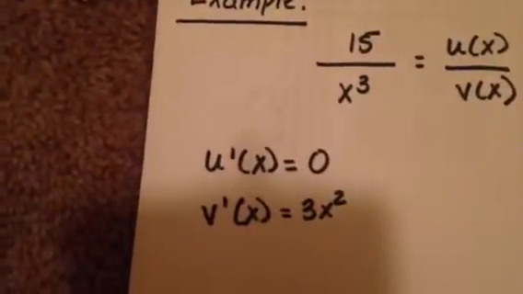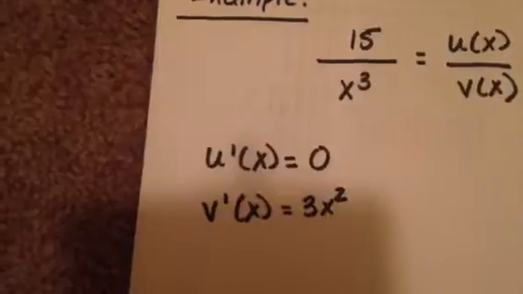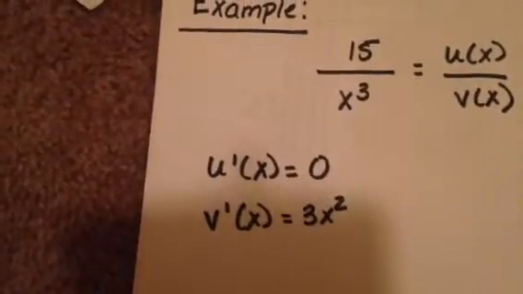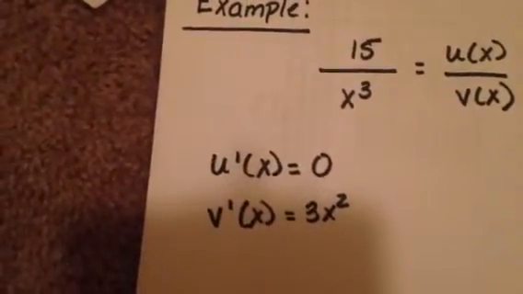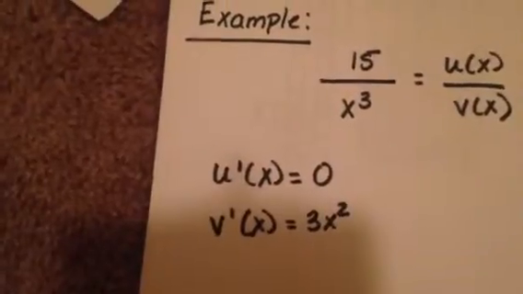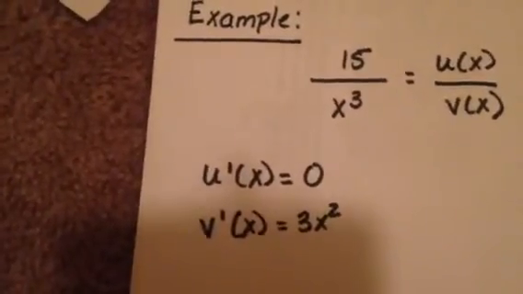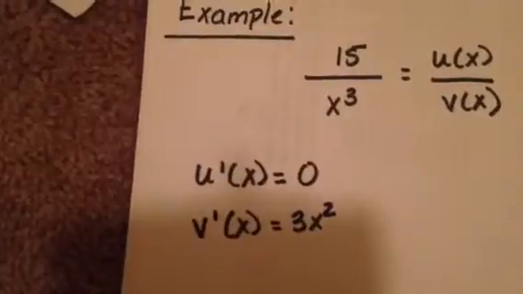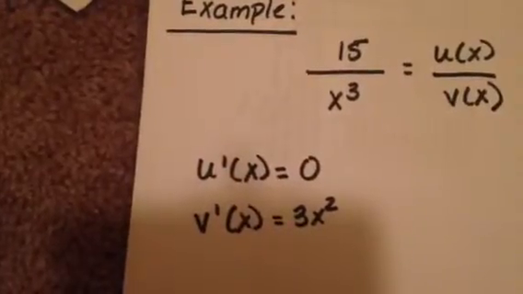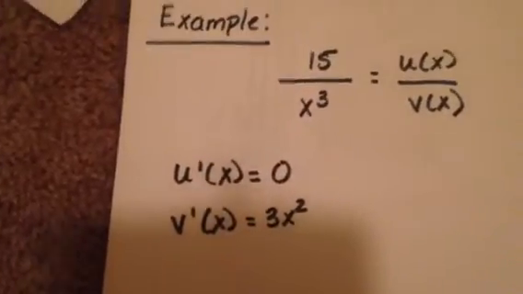So the derivative of 15, which is our u, is 0. So our u prime is 0. Now we go into the denominator and find the derivative of x cubed, and our v prime is 3x squared. We then go on and use our formula.